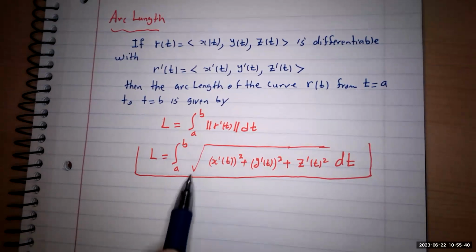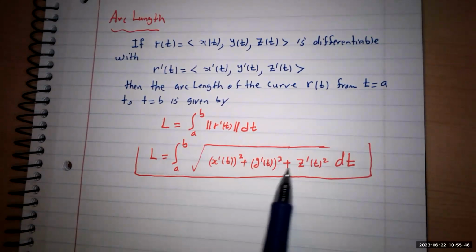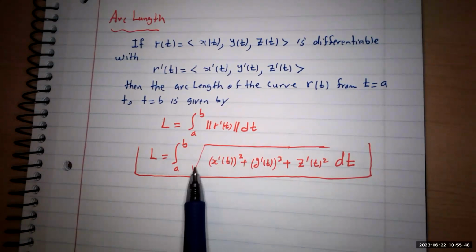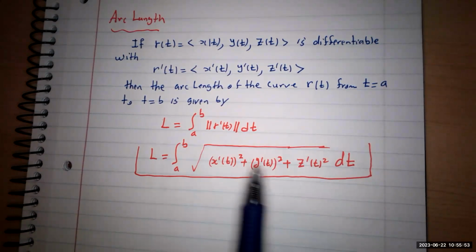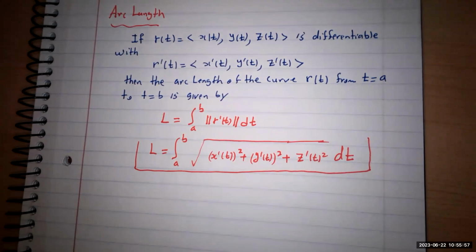Just the function would be given. There is a little bit of algebra involved because of this radical. You do this algebraic operation here, and if you are able to simplify this radical, your final integral is going to be easy. Otherwise, it's going to be a little bit complicated.